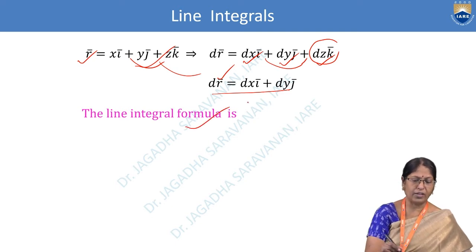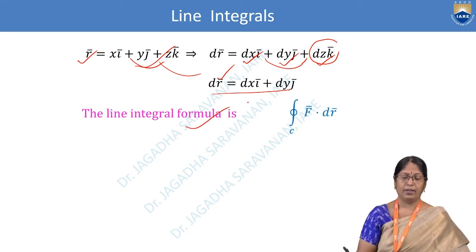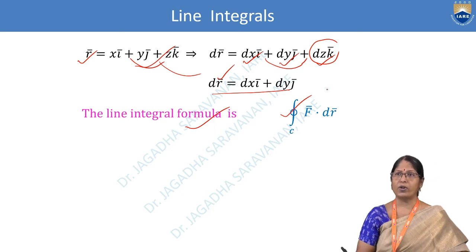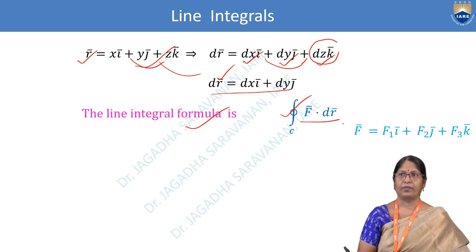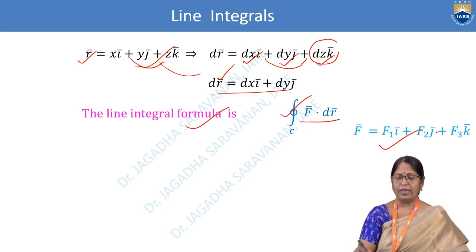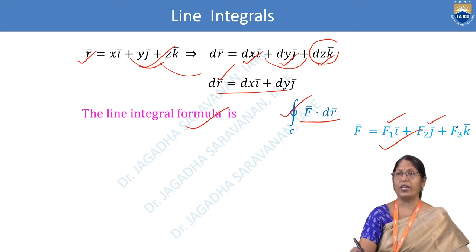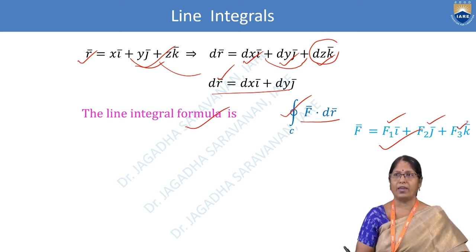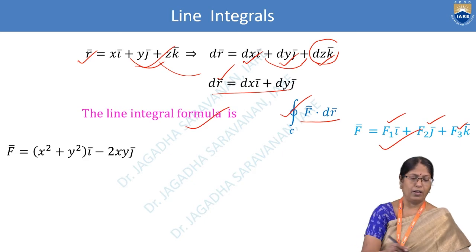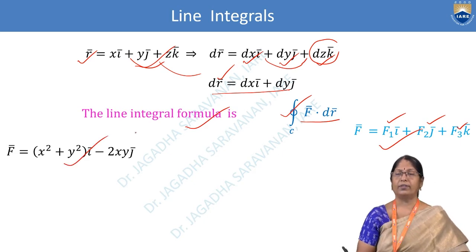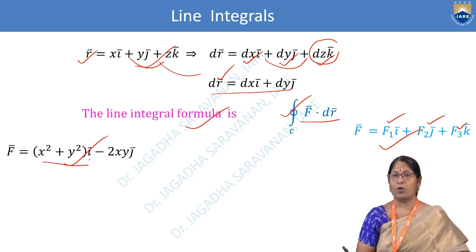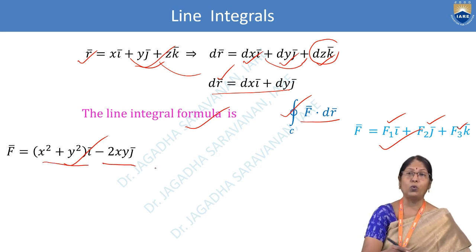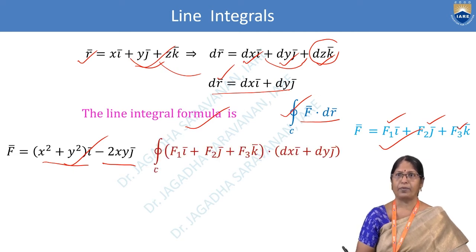The line integral formula is the integral over C of F dot dr, where F is playing the role F1 i plus F2 j plus F3 k. This is our question, that is F equal to (x square plus y square) i minus 2xy j.